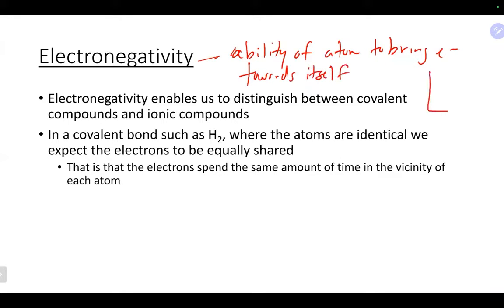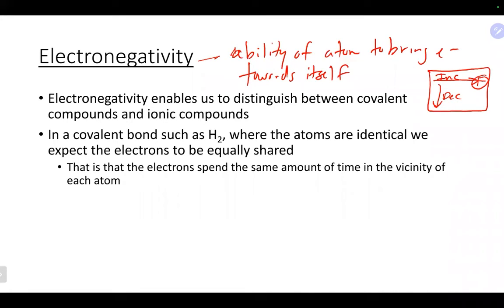Once again, on the periodic table, it increases as you go up and right, and decreases as you go down. Our good friend fluorine is the most electronegative element you could have.